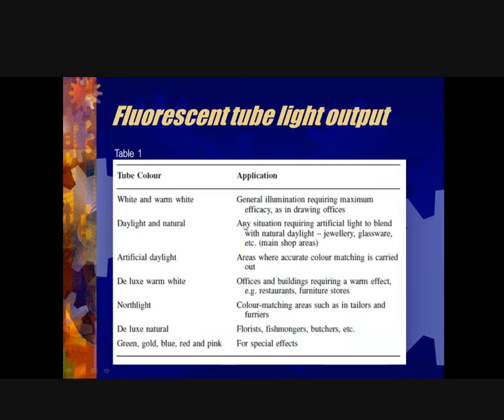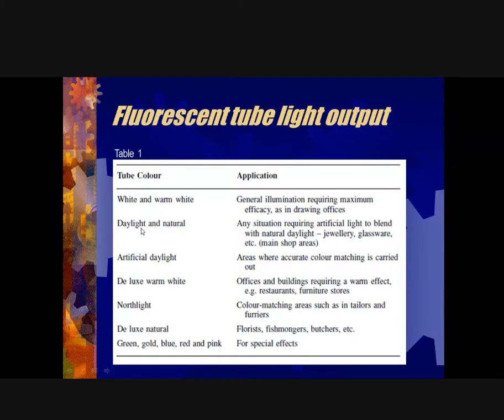Now, Table 1 here shows the color rendering of different fluorescent tubes. We have the white and warm light. Let me tell you some general applications. Generally, for offices, we want the white light to be as bright as possible.